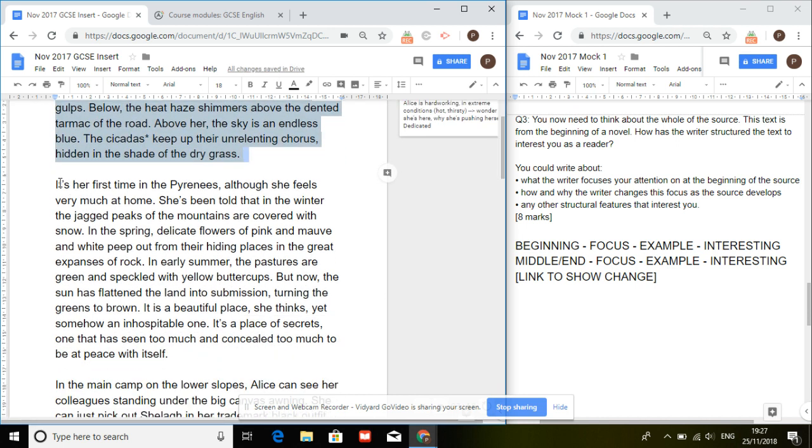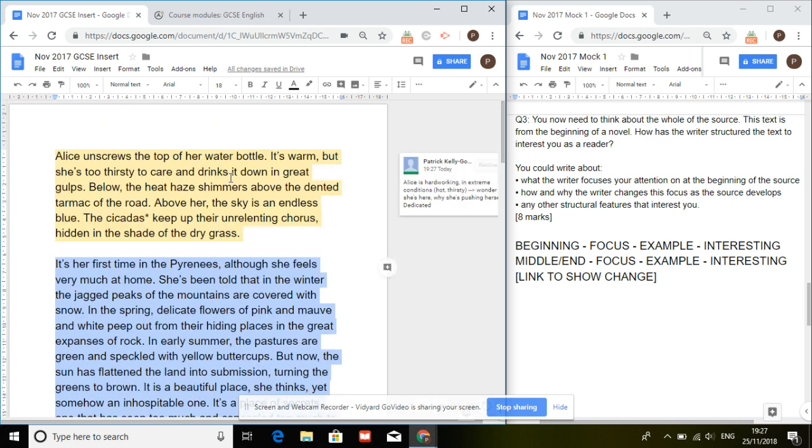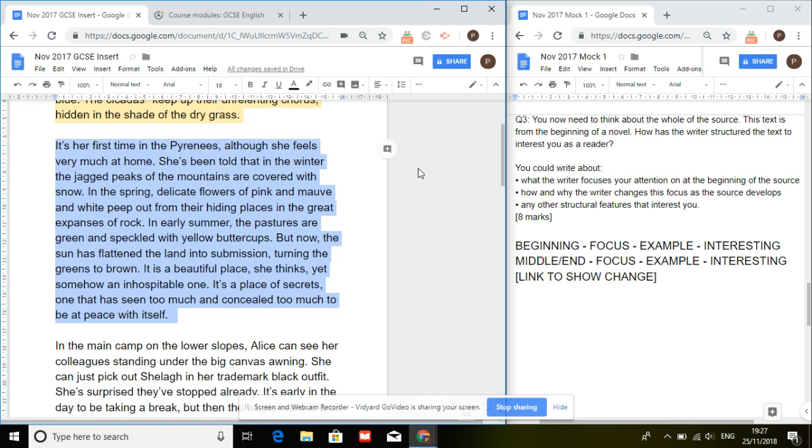Now, down here, we're carrying on because the first paragraph, we're kind of introducing Alice and the environment. And here we know more about the environment. So far, I know that, like, in winter, it's covered with snow, and the spring, the flowers are pretty. This is all really interesting, and there's some stuff I could pick up on here.